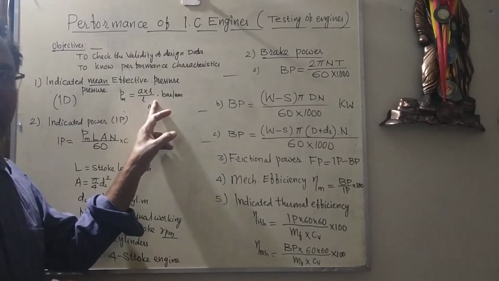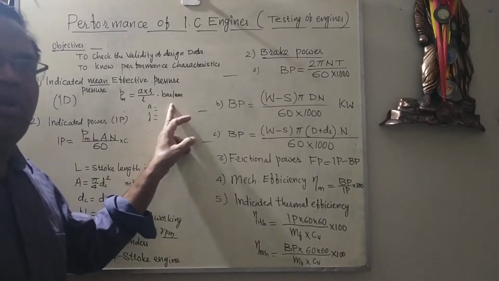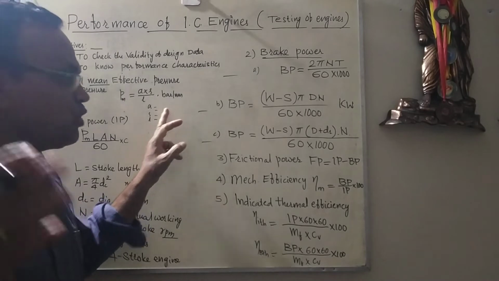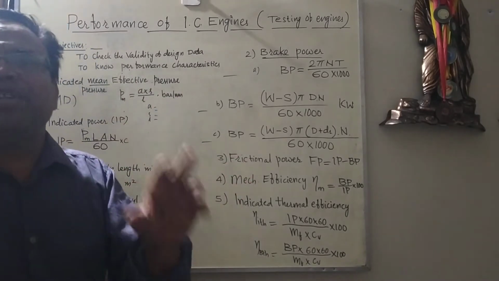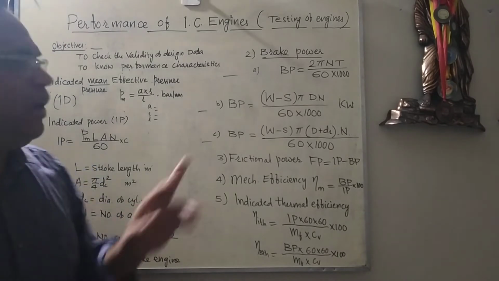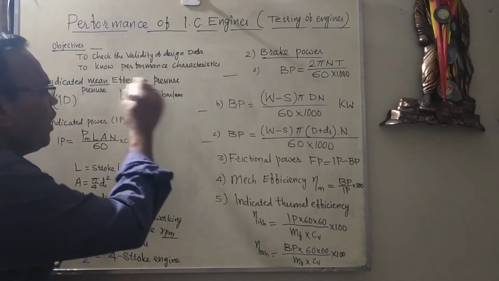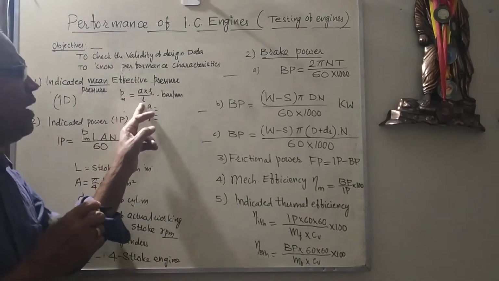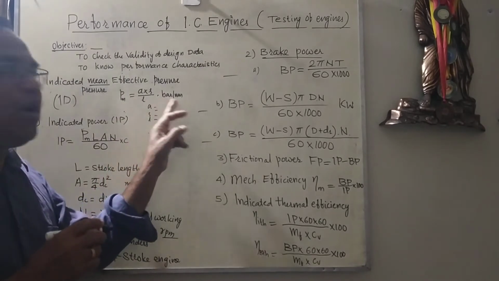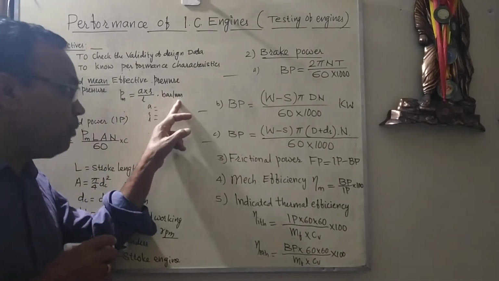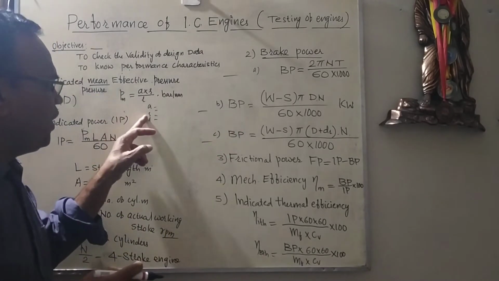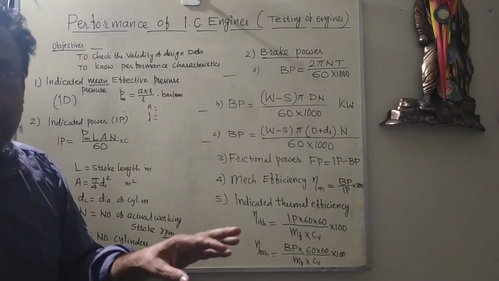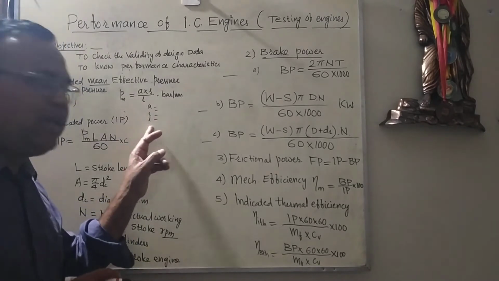Small a is the area of the indicator diagram in mm square, S is the spring scale reading, and L is the length of the indicator diagram. By using this formula, A into S by L, we can get it in bar per mm, kilonewton per meter square per mm, or Pascal per mm, depending upon the SI unit, because S is the spring scale reading, a is the area of the indicator diagram, and L is the length.